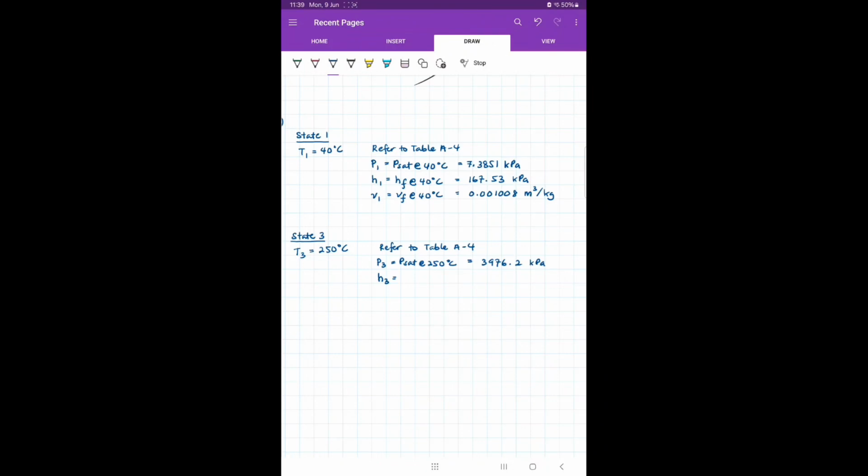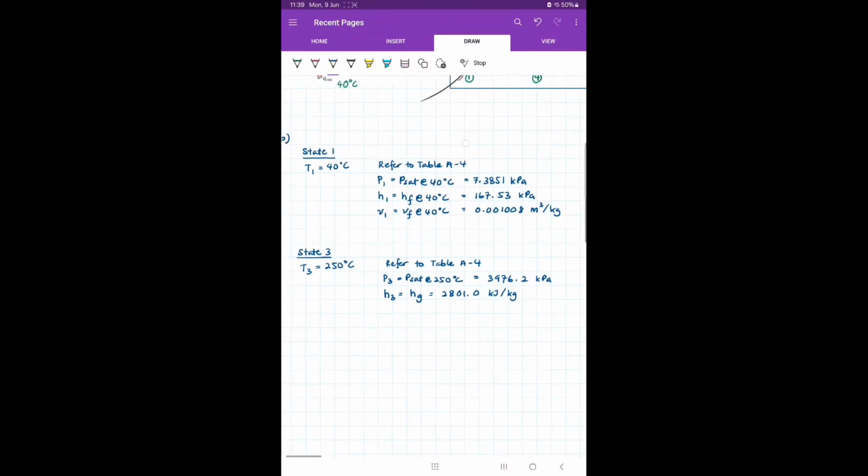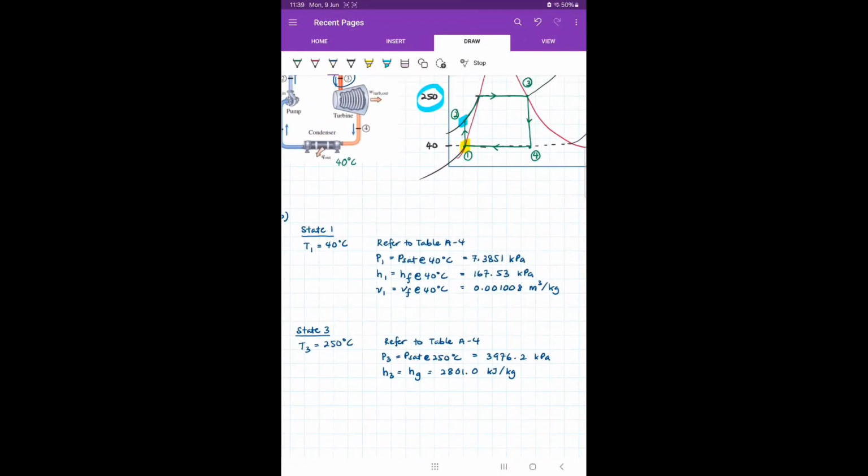The enthalpy is that of the saturated vapor, which is 2801.0 kilojoule per kg.